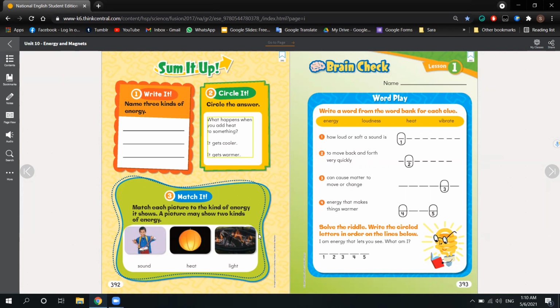Okay, now let's move to the next page. We have the brain check, and let us do it together. Write a word from the word bank for each clue. Okay, so we have energy, loudness, and heat and vibrate, okay? So the first thing, how loud or soft the sound is. What is it? Is it energy, loudness, heat, vibrate? Loud or soft? Pay attention to this.